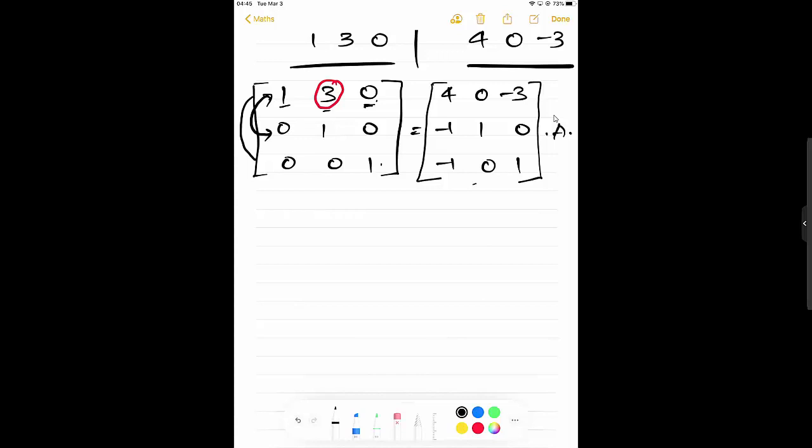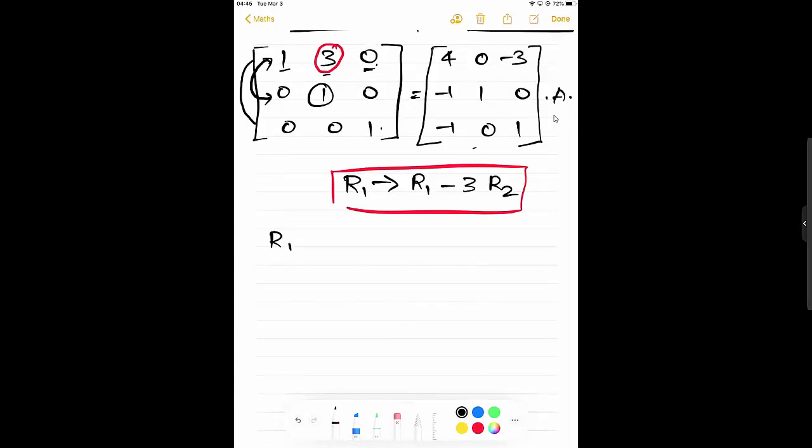What I mean to say is R1 implies R1 minus 3 R2. If you apply this rule, we know what the R1 value is. R1 value is 1 3 0.